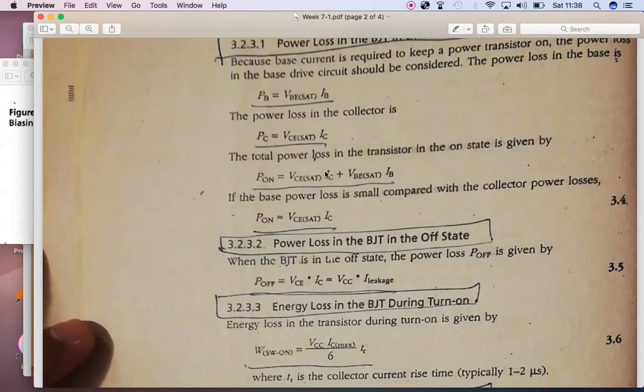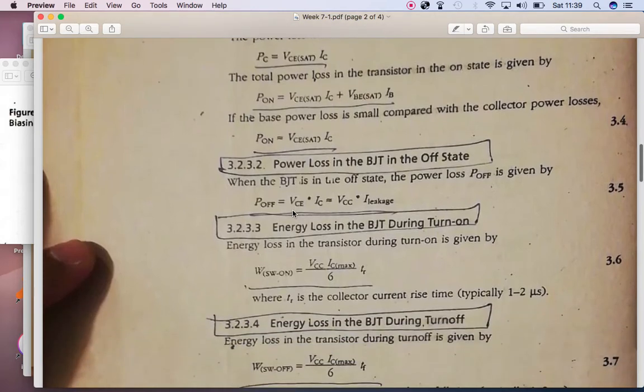As we already know, the loss at the base terminal is very much negligible, so we can remove that value, and we can calculate the on state power loss in the power BJT by this expression only, which will give a nearly approximate or accurate value of the loss in the power BJT in the on state.